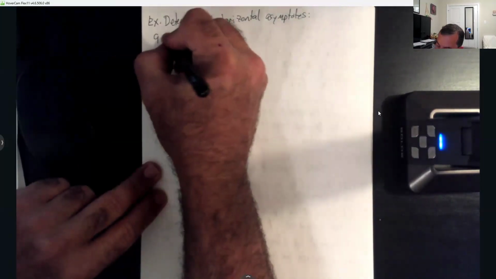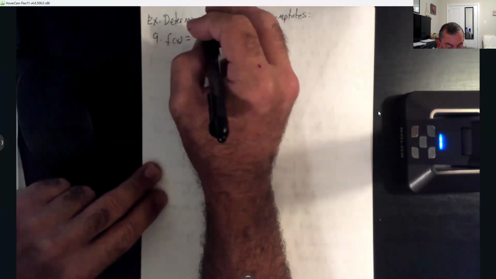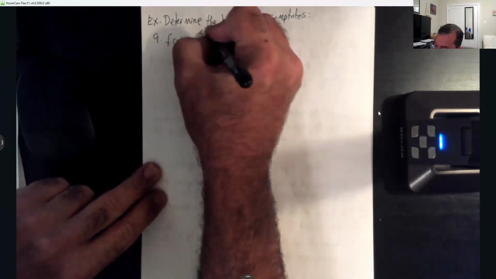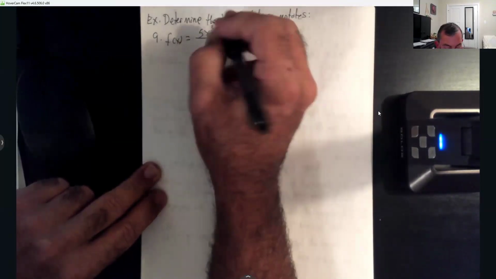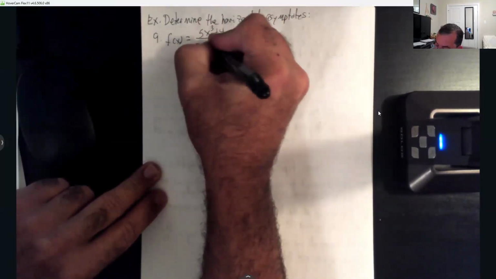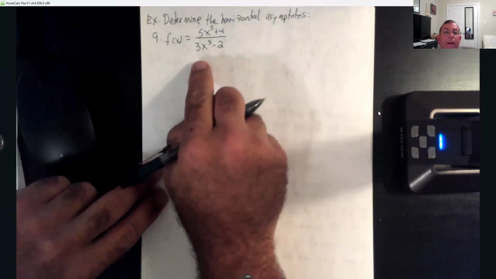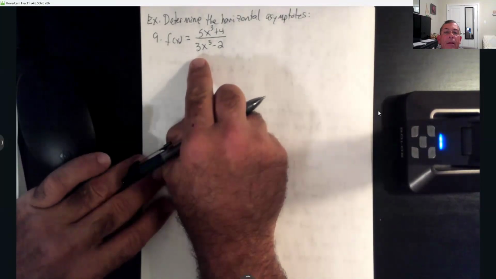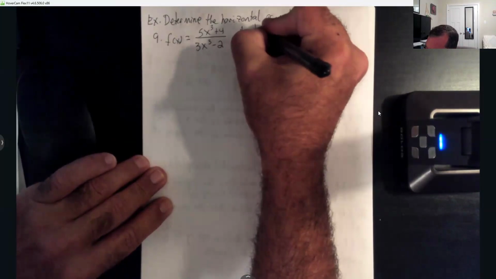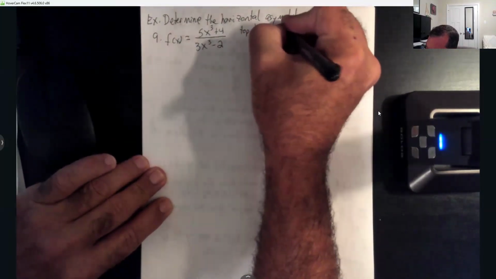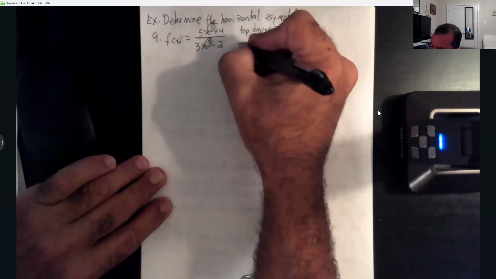I have f of x equals 5x to the third plus 4 over 3x to the third minus 2. So the top degree is 3, because that's my highest exponent. The bottom degree is 3.